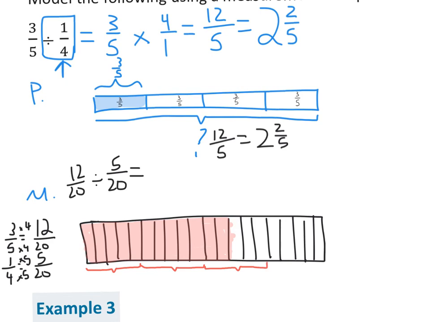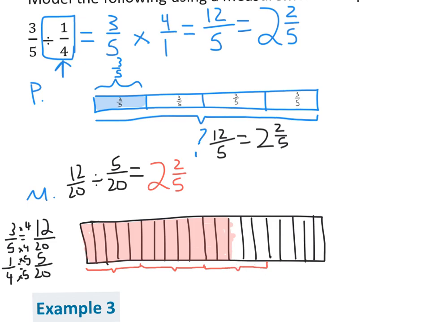And so I was able to make two whole groups right here. Here's one group of the 5/20ths. Here's another group of the 5/20ths. And then I've got two leftovers out of 1, 2, 3, 4, 5 pieces. So I have two whole groups, and then I have 2/5 of my next group.